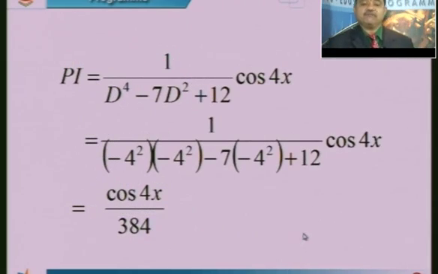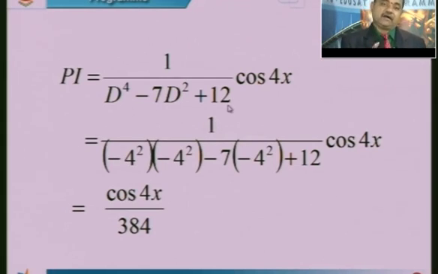Now Pi is also comfortable, because D power 4 can be written as D square into D square. For one D square I can write minus 4 whole squared, another D squared minus 4 whole squared, minus 7 into D squared, again minus 4 square plus 12. In one step I am able to substitute, because there is no D in the denominator.